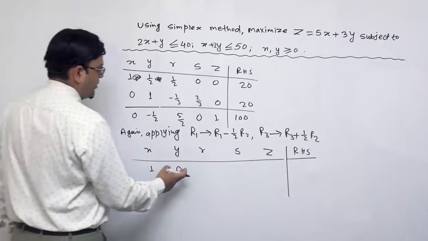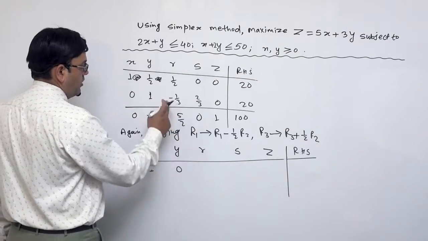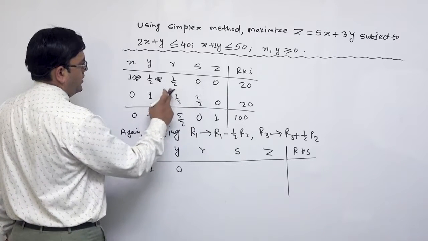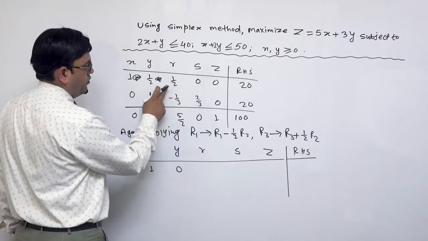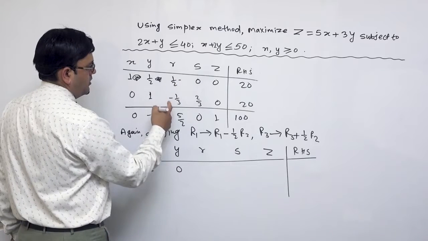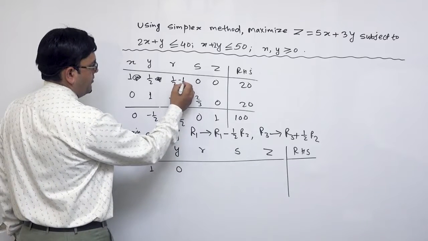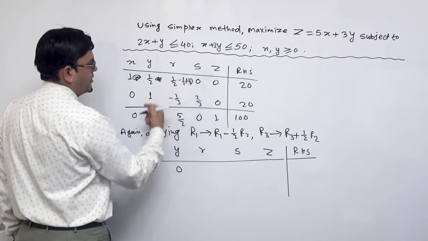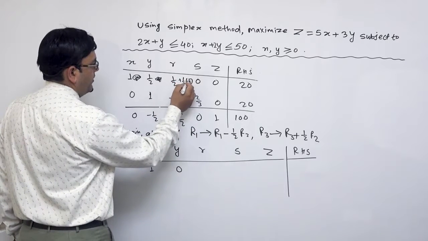Next we have 1/2 minus 1/2 times minus 1/3, so minus times minus gives plus 1/6.